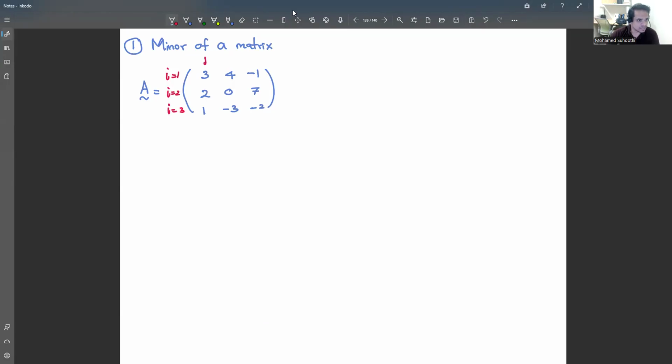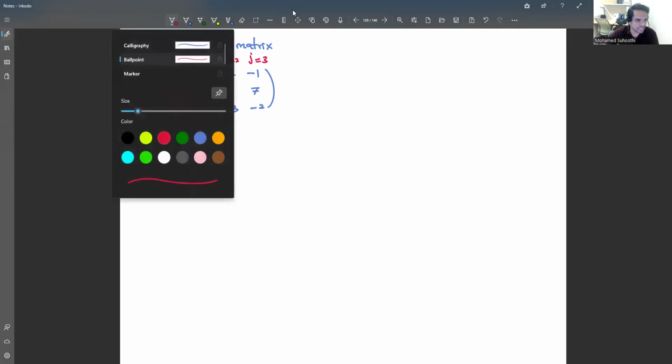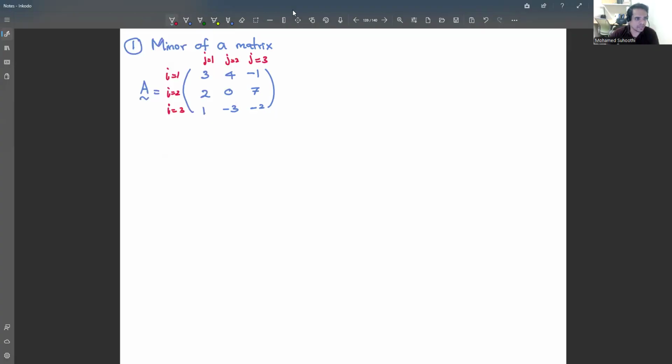Then the column index: j equal 1, j equal 2, j equal 3. So for example, the element A 2, 3 is actually 7, right? This is our general matrix notation.